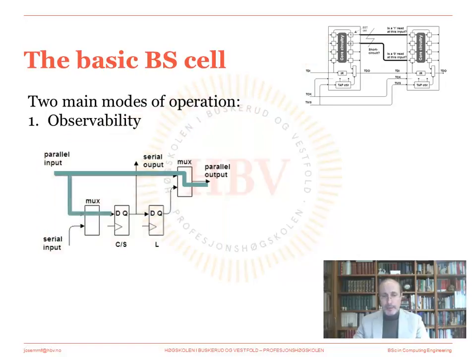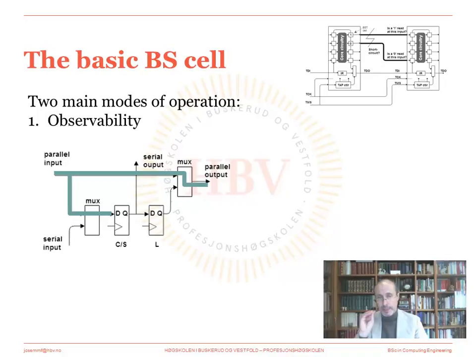We can, however, use the input multiplexer to alternate between the so-called capture mode, whereby at the rising edge of the test clock, this flip-flop will capture what comes from the input of the cells. So in this case, all the cells would capture the logic values that were present at their inputs.